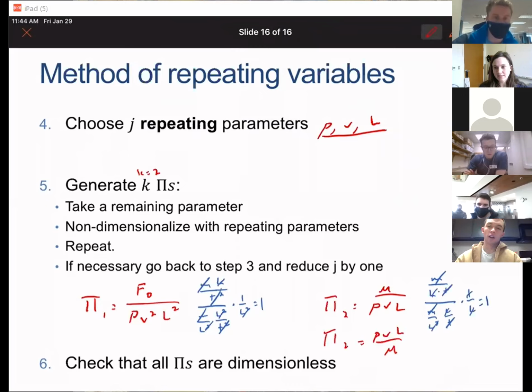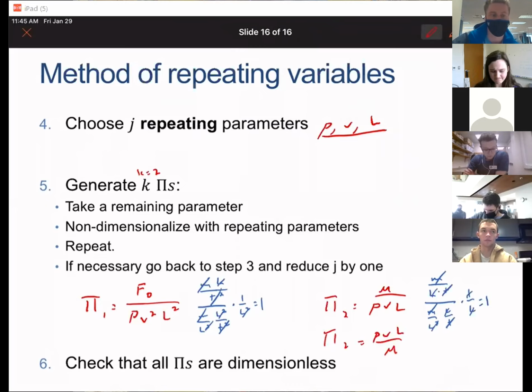Hey, Dr. Nickerson? Yes. I was wondering, are we going to have to reduce it, or is it always a guess? It's always a guess at first. So you just have to try it and see if you can figure out k number of pi's.